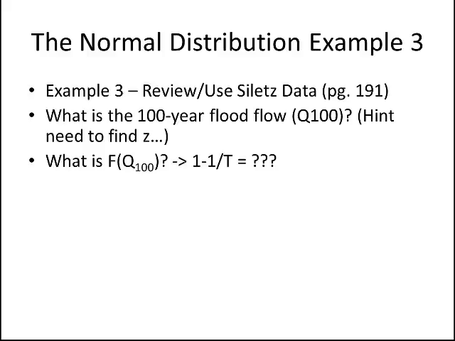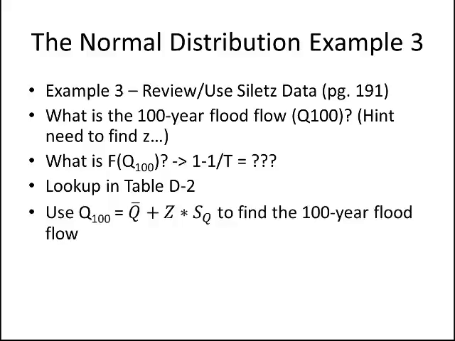And in order to find z, what they want to do then is they're going to look up in table D2 in the appendices of your textbook. They're going to look up that probability, that area amount from the table, and they're going to be able to back calculate what z is. So in this case, they're going to look up from the table 0.99 area and find what the corresponding z value is.